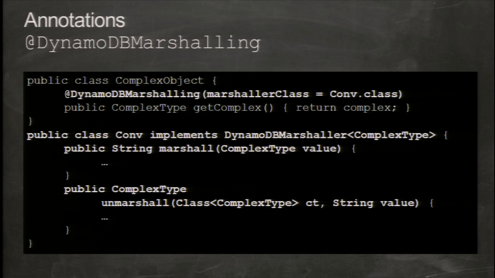The marshalling annotation simply takes a class, which is an implementation of the DynamoDB marshaller interface, which has two methods, marshal and unmarshal. Marshal will generate the string representation from the complex type, and unmarshal will generate the complex type from the string representation.